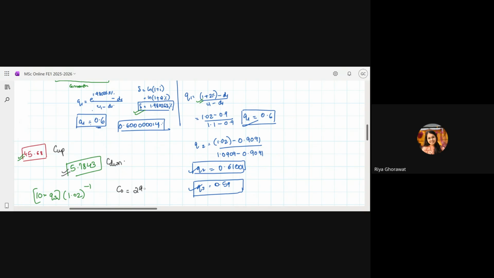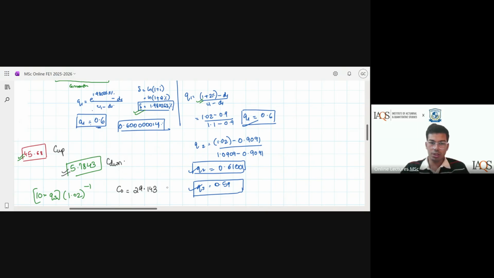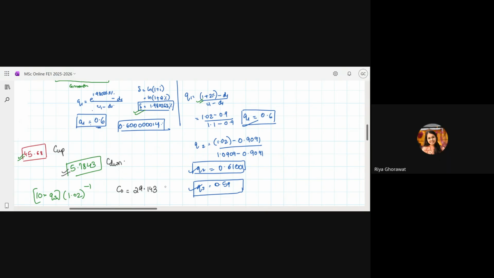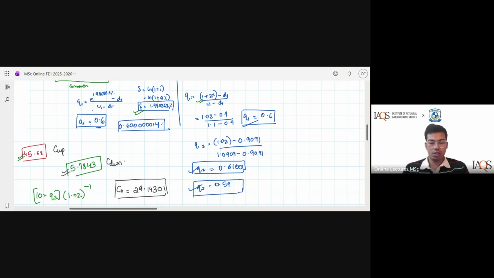29.14301. The two more decimals is 0.01. Okay. Let's quickly check. So 45.68 into 0.6 plus 5.7843 into 0.4, into 1.02 raised to the minus 1. Okay, I have 29.1389, which is fair.